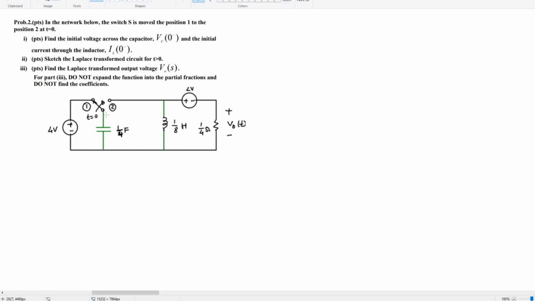Anybody who's taken Moro has seen this type of problem. I don't remember if Amin was teaching that class, and I don't know how he taught it, but I took Moro. And Moro always says, imagine this circuit before t equals 0 was left like this for a really, really long time, an infinite amount of time.